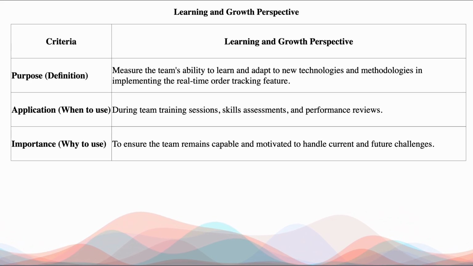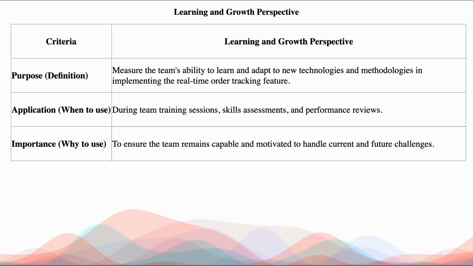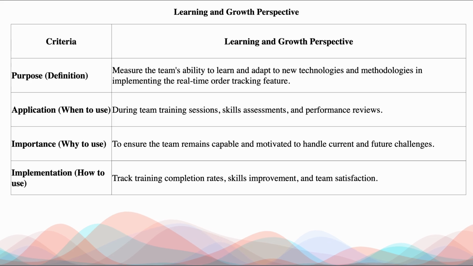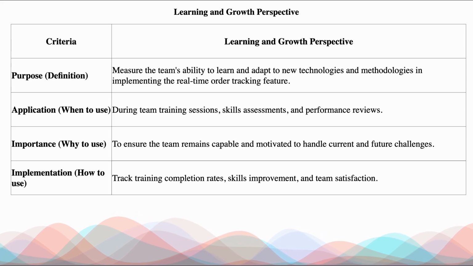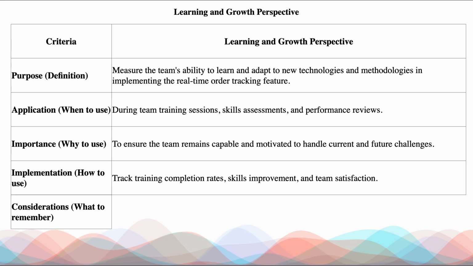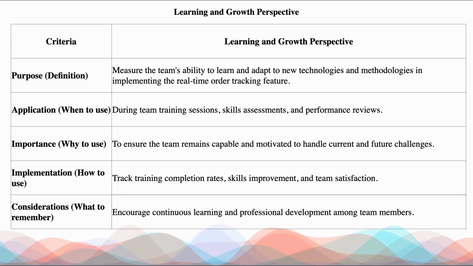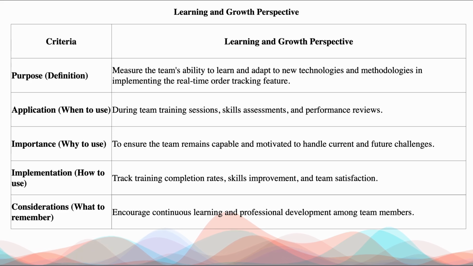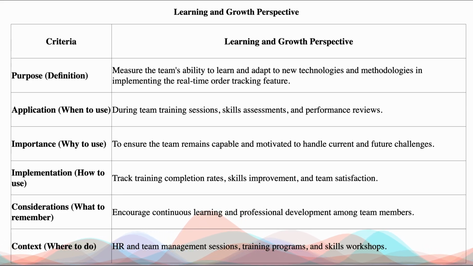Why do we use it? To ensure the team remains capable and motivated to handle current and future challenges. Track training completion rates, skill improvements, and team satisfaction. What to remember? Encourage continuous learning and professional development among team members, through team management sessions, training programs, or skills workshops.